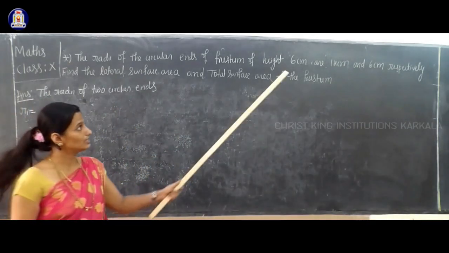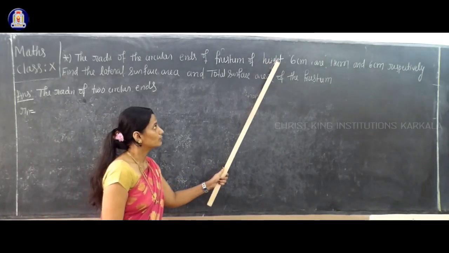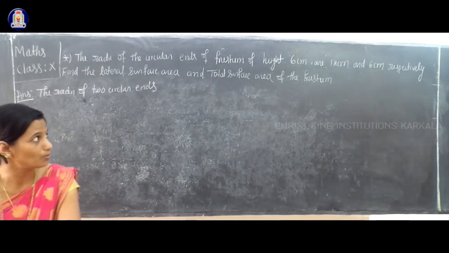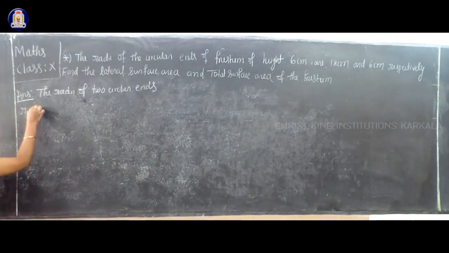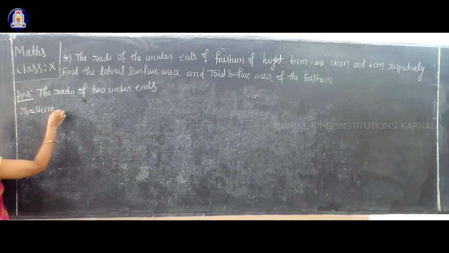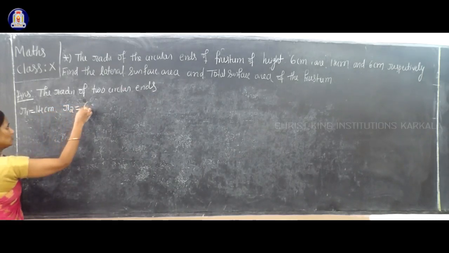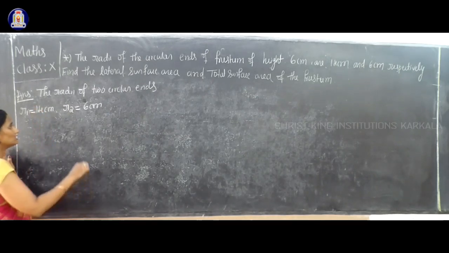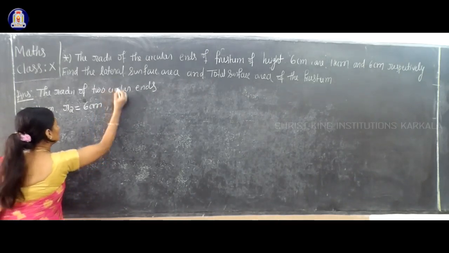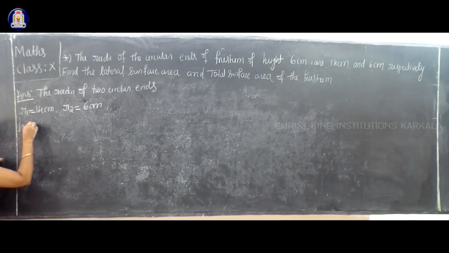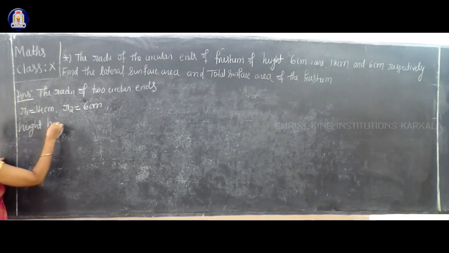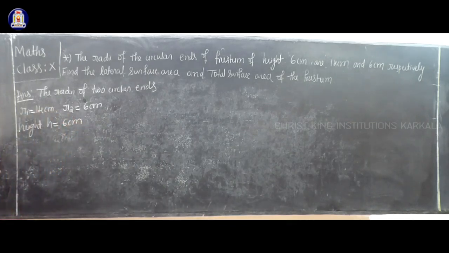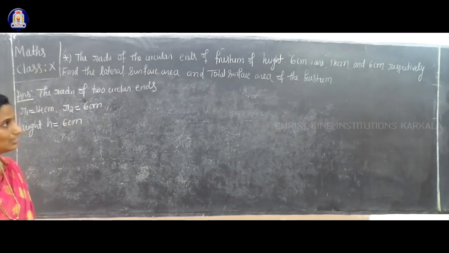Of the frustum of height 6 centimeter. So radius is how much here? 14 centimeter. Second radius R2 is equal to 6 centimeter. And height h is equal to how much here? 6 centimeter. Height h is equal to 6 centimeter.